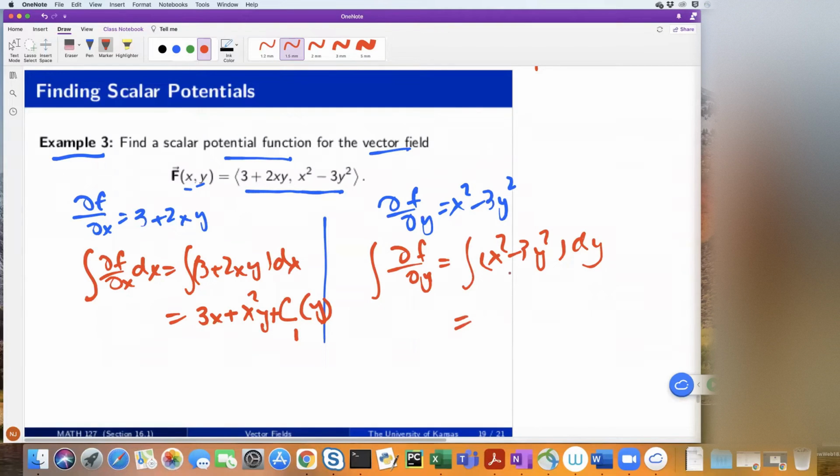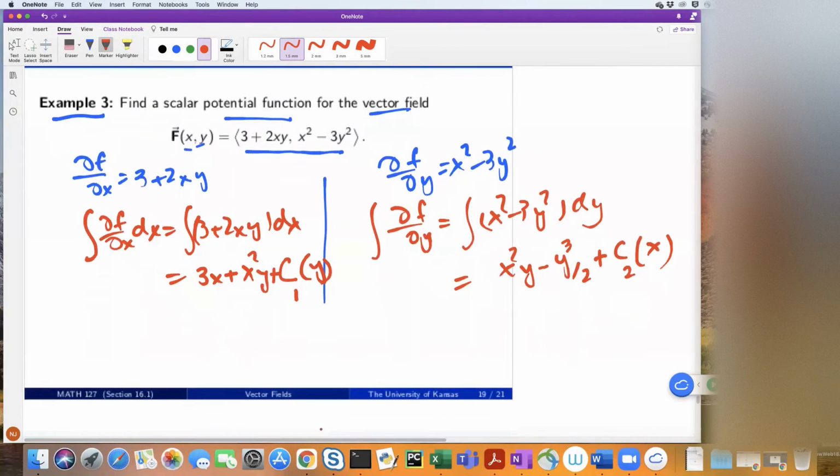And over here, now I take the antiderivative with respect to y, and I get, oh, what am I missing? C2, right? Let's call it C2. C2 can be numbers, but wait a minute, this was with respect to y, so x is a constant with respect to y also. So I'm putting it there. Now, look at this part.